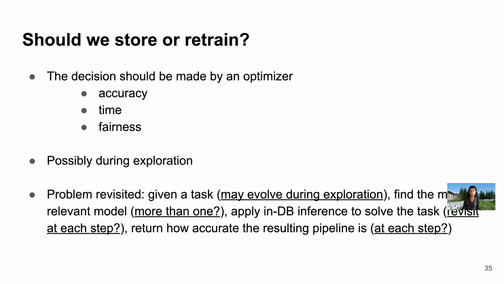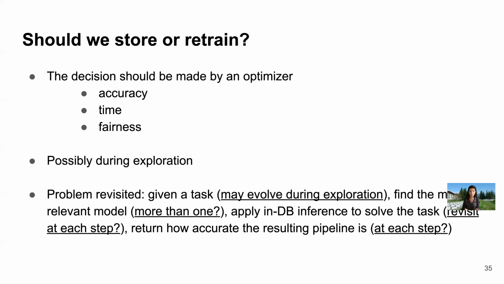But in fact, the decision of whether I should store or retrain should be made by an optimizer, because it should really depend on whether I want to go for accuracy or time or even dimensions such as fairness. And this decision doesn't have to be set in stone at the moment where I start my exploration. It could evolve as I explore data.